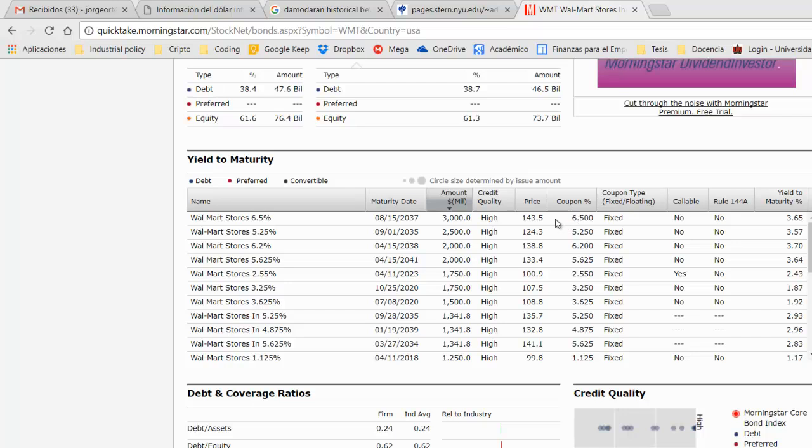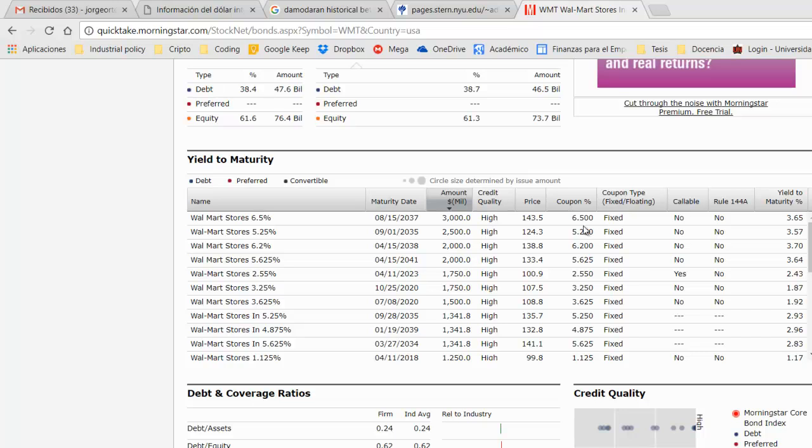As of today, the coupon is 6.5%. So you might want to use that as a way to approach the question of what Walmart is right now paying on debt.